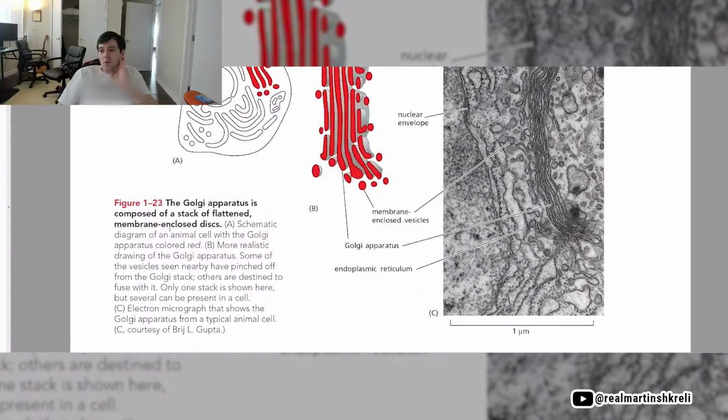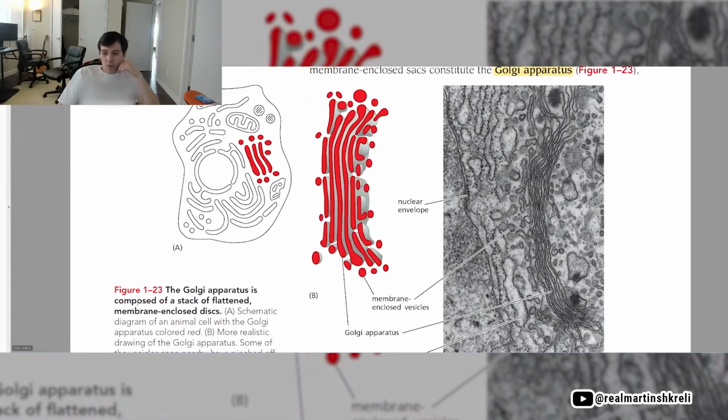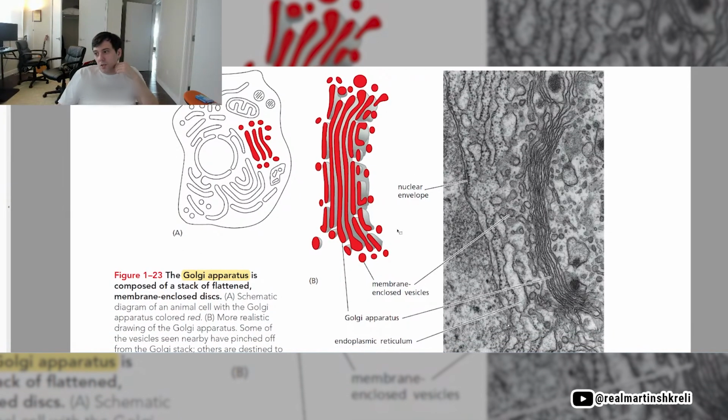All right, let's look at the Golgi apparatus. This is a little bit different from the ER. The Golgi apparatus is composed of a stack of flattened membrane-enclosed discs. Take a look at this schematic A and B. This is a schematic diagram of an animal cell with Golgi in red. Here's a more realistic drawing. Flattened discs, stacked flattened discs.